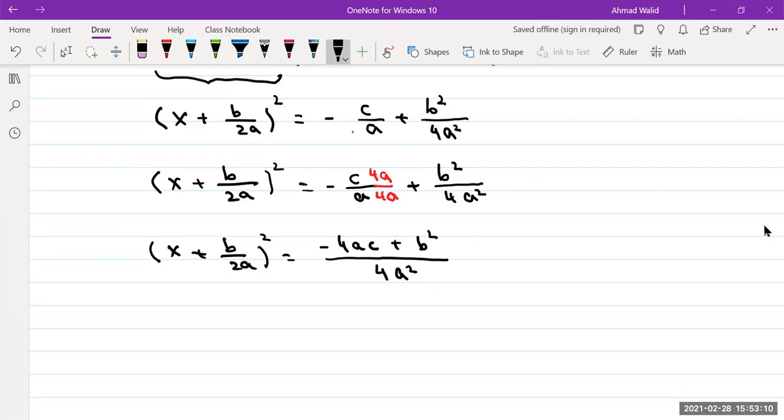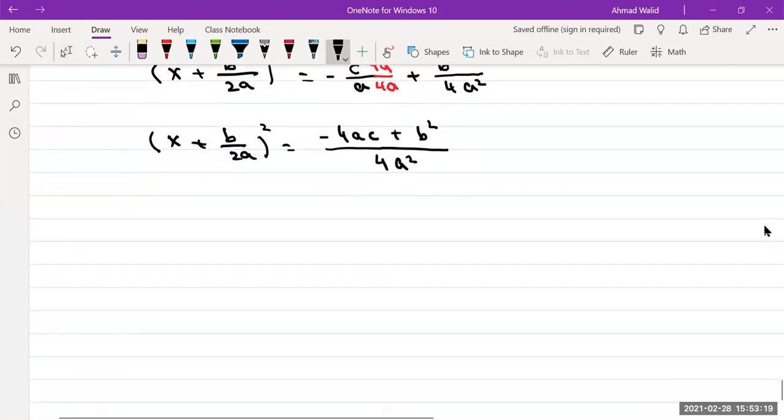Now, you want to solve this equation using the square root property method. I'll take the square root of both sides.